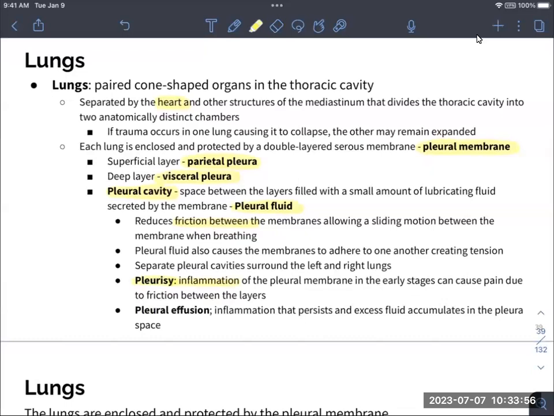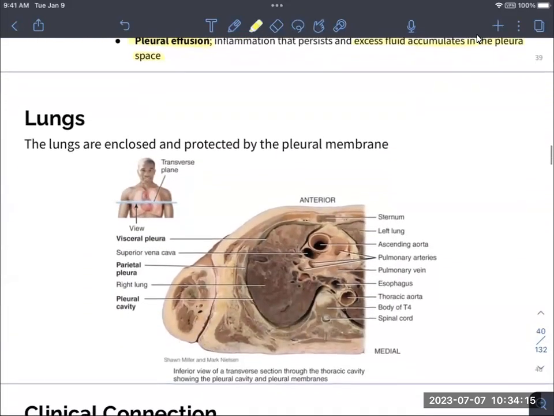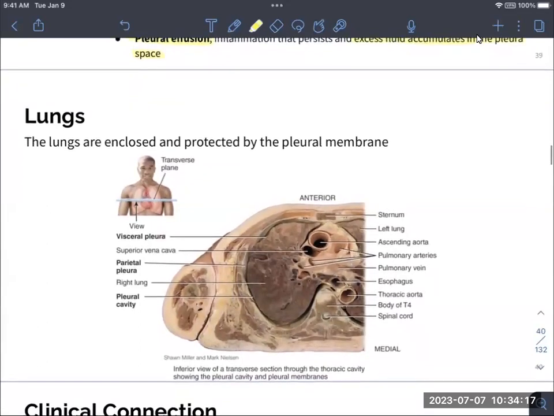So in those early stages, pleurisy is pretty painful. And it's because of the friction between those two layers. Pleural effusion, there's too much fluid that accumulates in that pleural space. Makes it more difficult to breathe. So this pleural membrane is going to protect our lungs.